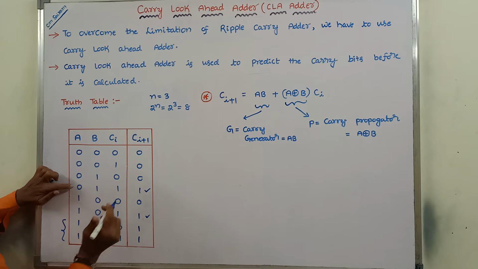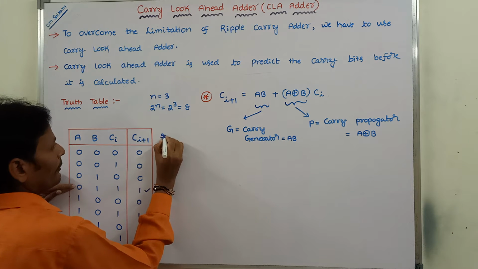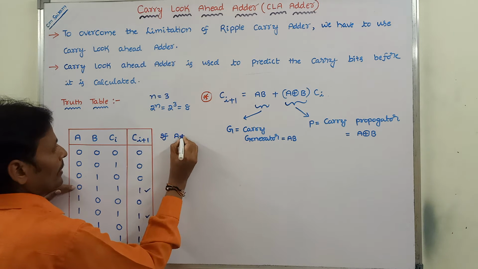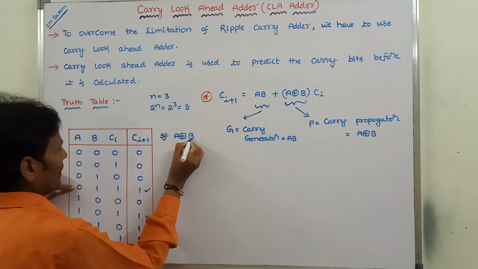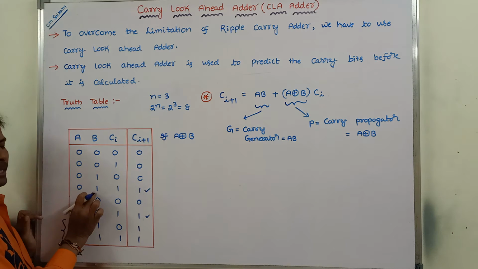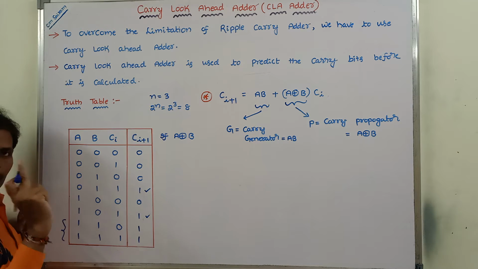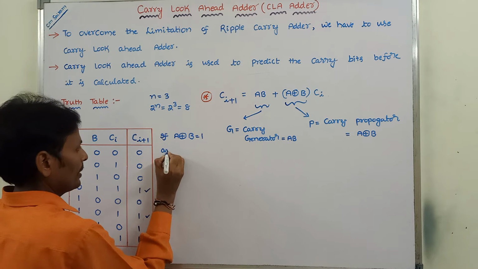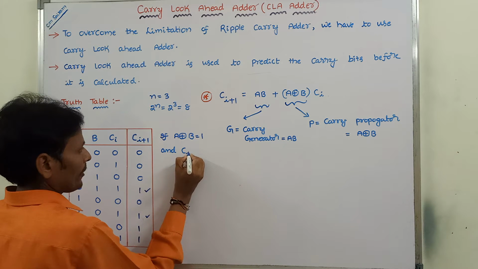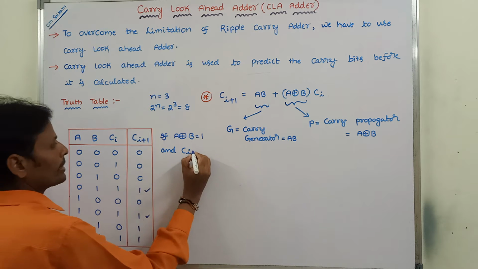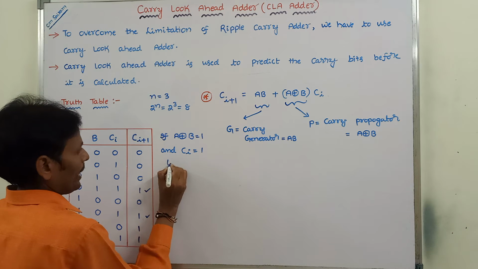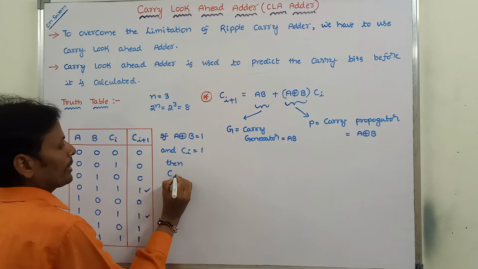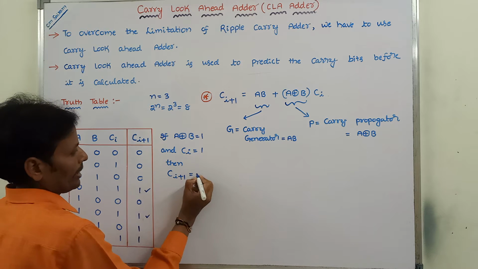Okay, here if A exclusive OR B, that means 0 exclusive OR 1, is equal to 1, and C suffix I value is 1, then C suffix I plus 1 is equal to 1.